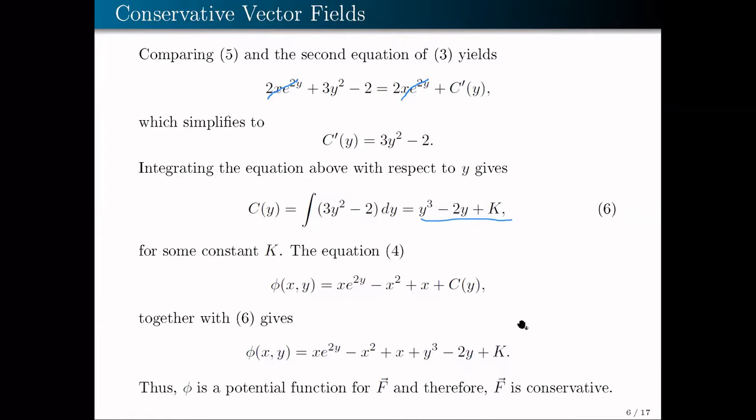And so we say that phi is a potential function for f and that therefore f is conservative. Okay, so notice that in this result, the potential function phi for f is not unique since we have this constant k in the last term of this function. So that's why we use the term phi is a potential function for f and not phi is the potential function for f. So we will see this in the next theorem.